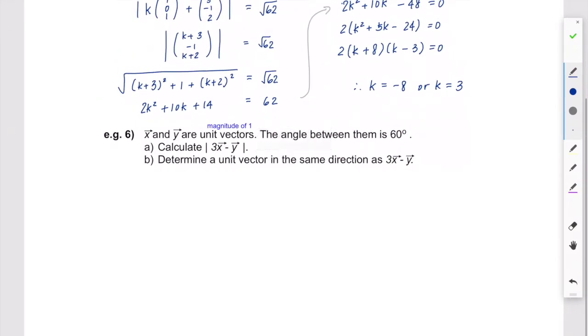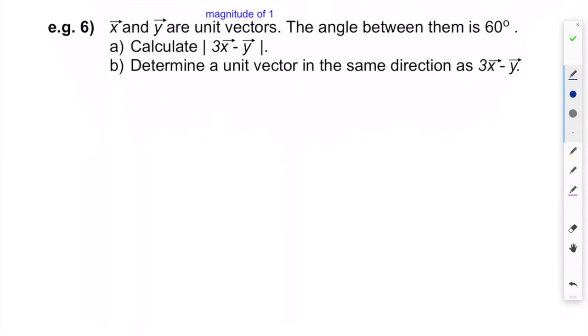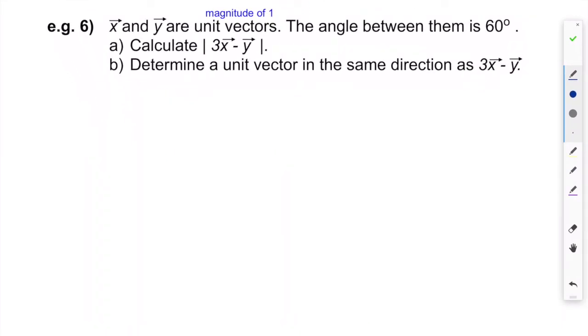Okay, so moving on, we are in number 6. So we have vectors x and y are unit vectors, so both of them have a magnitude of 1. The angle between them is 60 degrees. Let's calculate the magnitude of 3x minus y. All right, so here 3x means that I have a vector that is 3 units long.